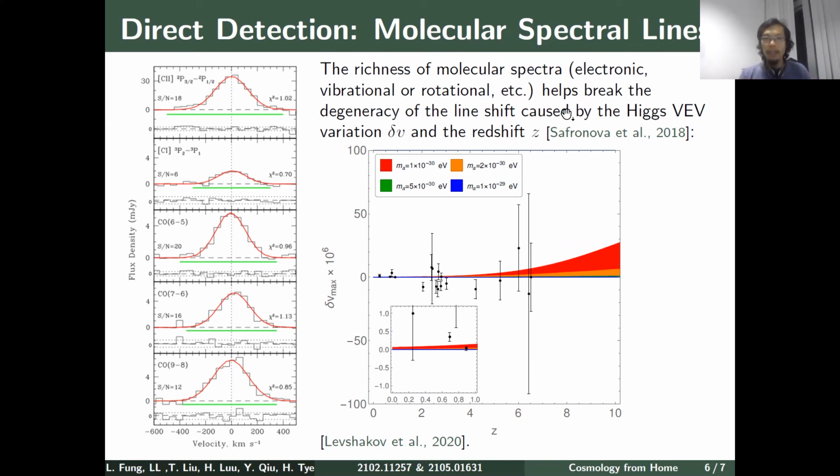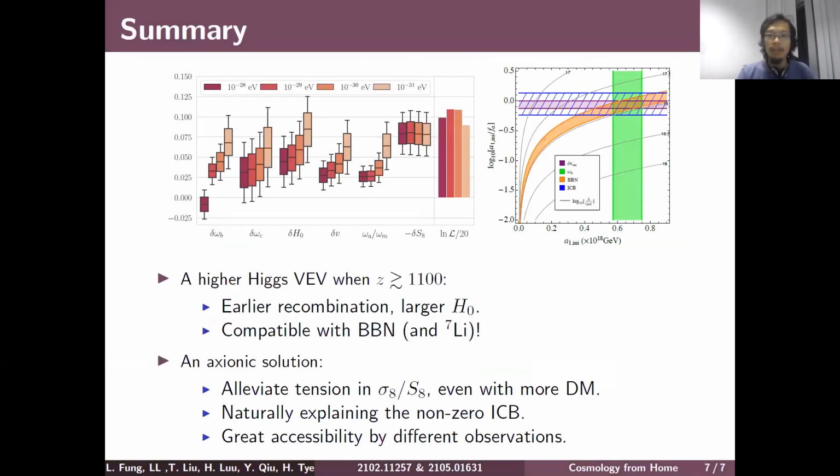Therefore, we can break the degeneracy between delta mu and the redshift. So far, we summarize the different measurements right here. At the time we published, these were all available measurements. But unfortunately, even for the 10 to the minus 30 eV case, we cannot make real constraints. So we need to wait for next-generation experiments.